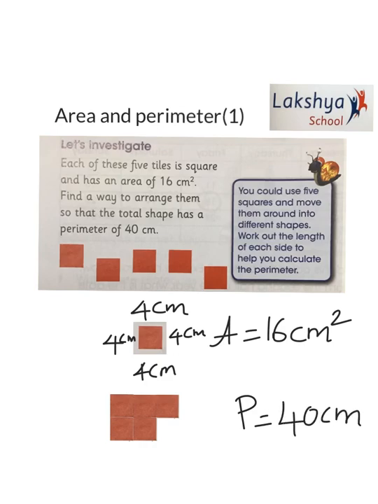There are different ways to work it out by arranging the tiles so that you have a perimeter of 40 centimeters. So let's do it over here. We have 10 fours, that is 1, 2, 3, 4, 5, 6, 7, 8, 9, 10. 10 fours give me 40.